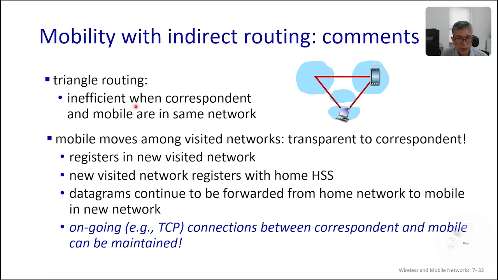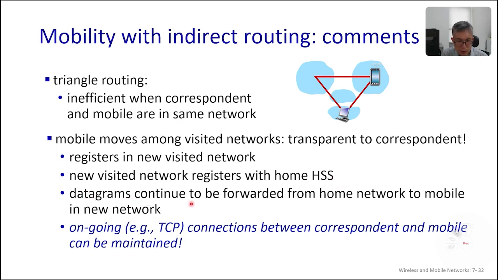So triangular routing is inefficient when the correspondent and the mobile node are in the same network. When a mobile node moves among visited networks, transparency to the correspondent is important, but it is hard to handle with triangular routing. Registration in the new visited network is required, and the new visited network registers with the home HSS of the mobile node.